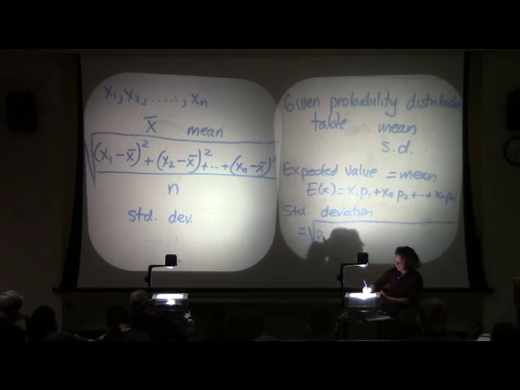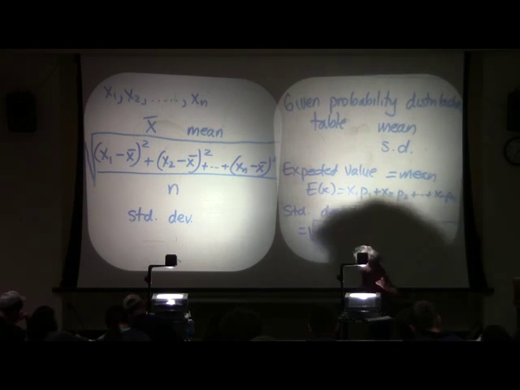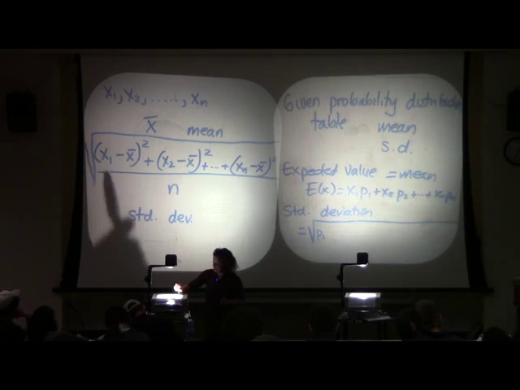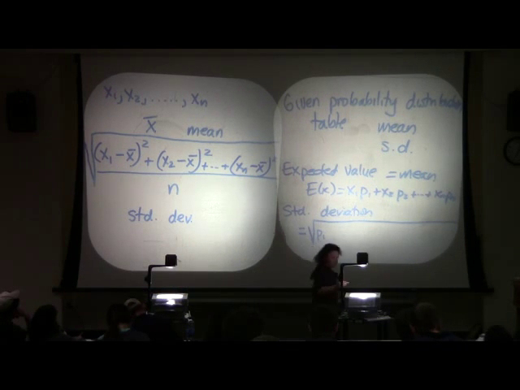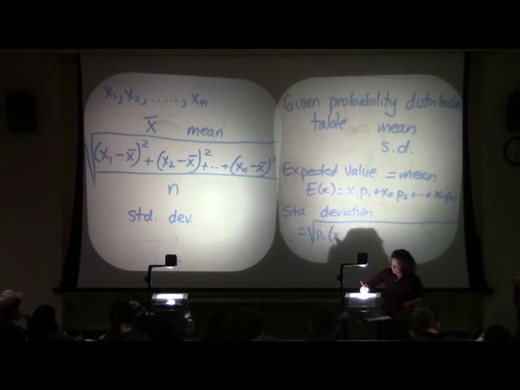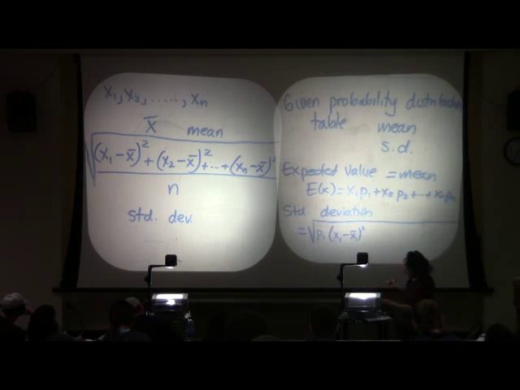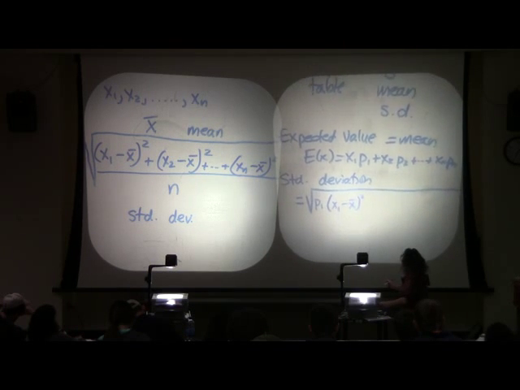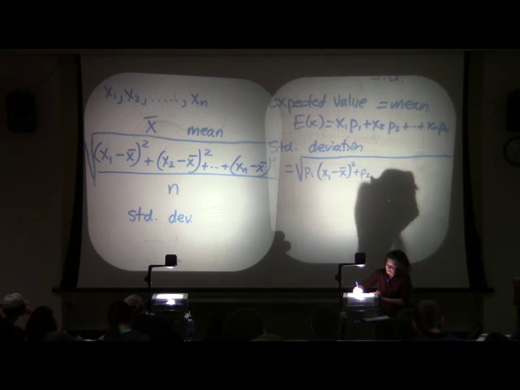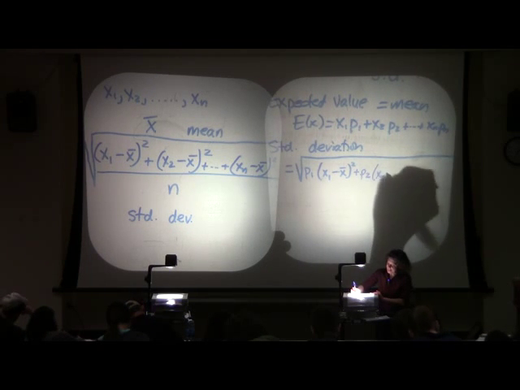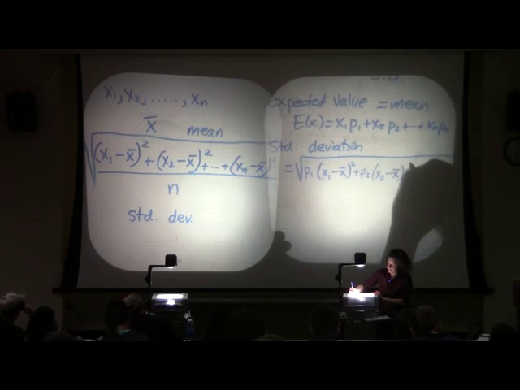You take your first probability, so what that does is it eats up that n right there, and then you take your first x value minus the mean and square it. Then you go to your next term. You take the second probability, that x value minus the mean and square it. And do it till you're done with the table.